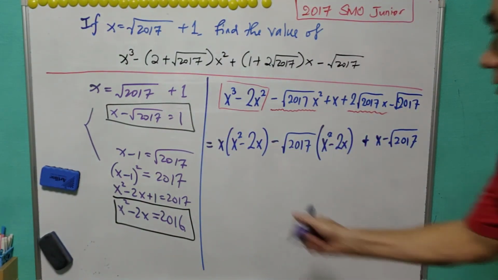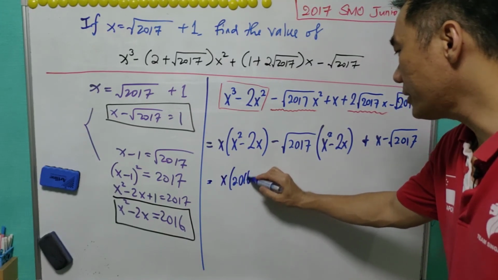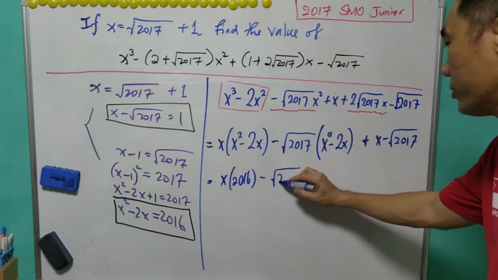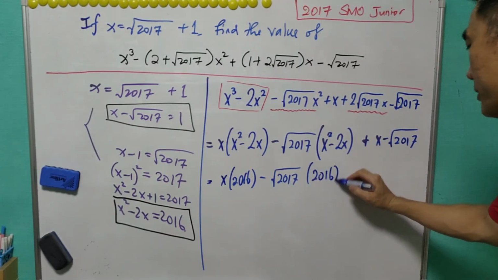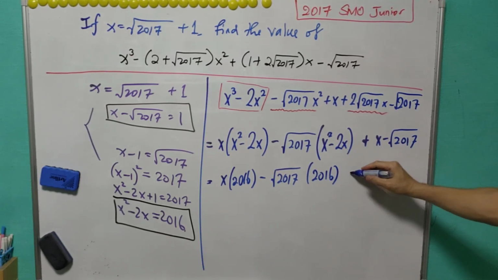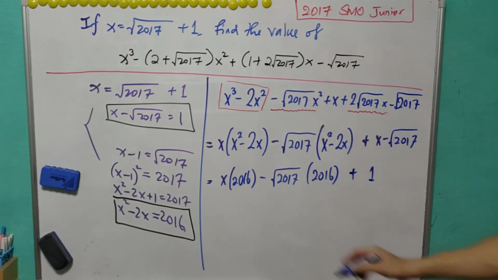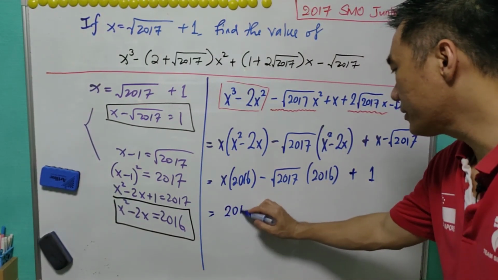Okay, so this will be equal to x times 2016 minus square root of 2017 times 2016, and x minus square root of 2017 is equal to 1. And again, there is a factor of 2016.